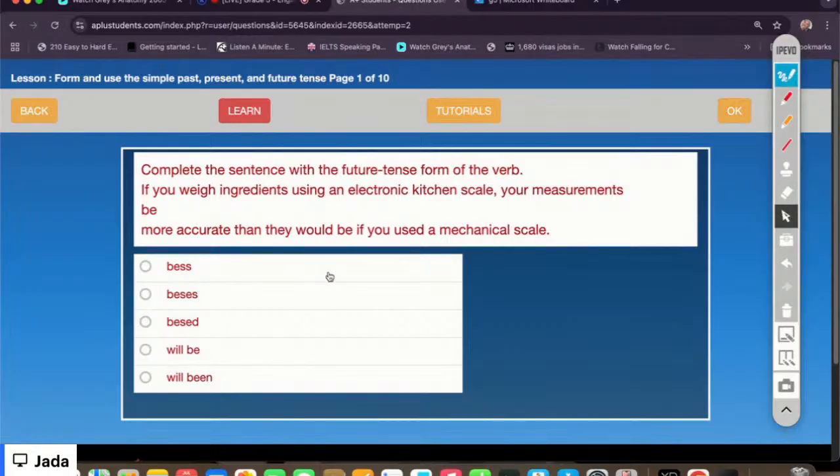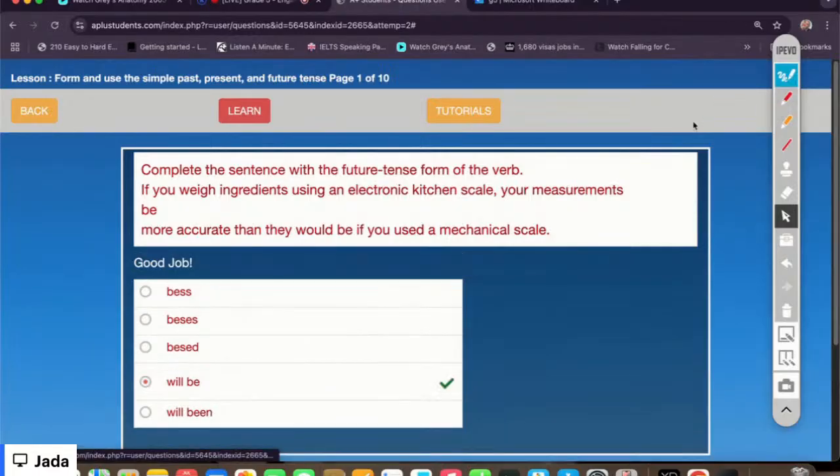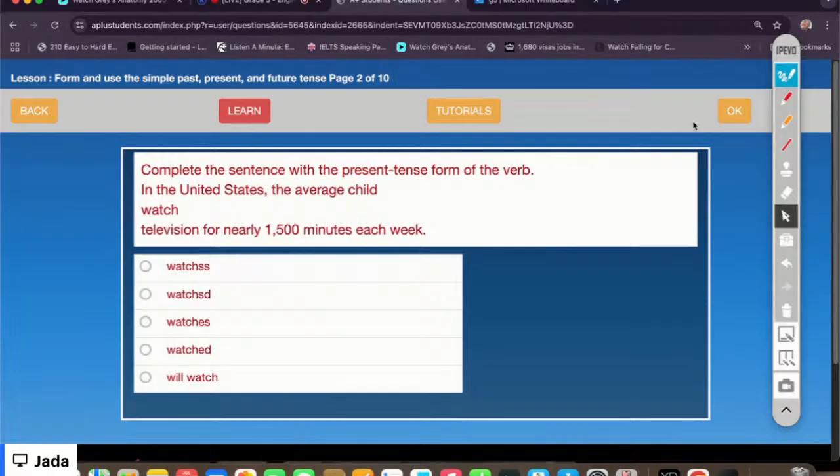All right, so we have what? Your measurements will be more accurate because it's future. Remember that future basically has will added to it. So in the United States, the average child, so this is for present tense, watch television for nearly 1,500 minutes each week. Is it first, second, third, fourth, or the fifth one?